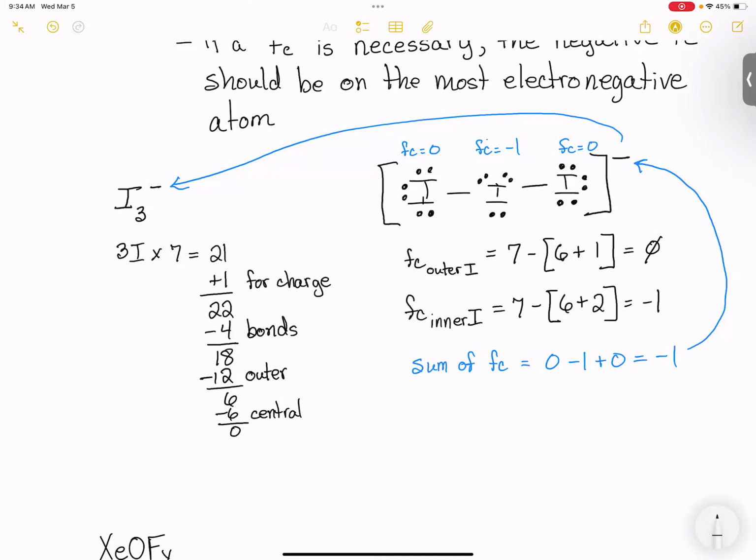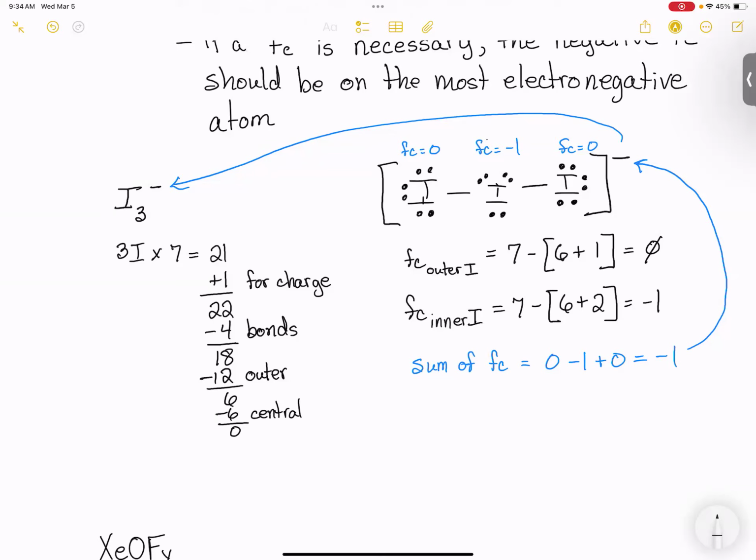The next thing I wanted to illustrate is how to calculate the formal charge. When I looked at the structure, I noticed that both of the outer iodines looked identical, so I only calculated one for the external iodines. The formula is the number of valence electrons minus 1 for every dot minus 1 for every bond.